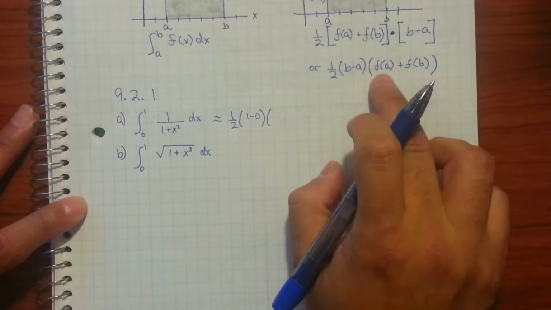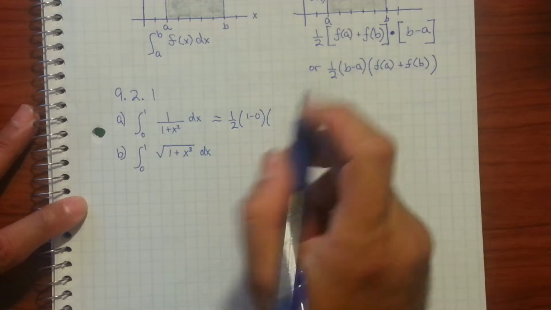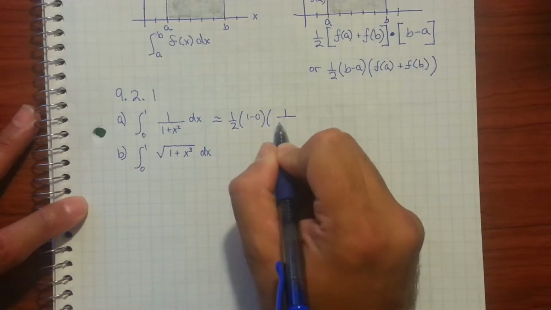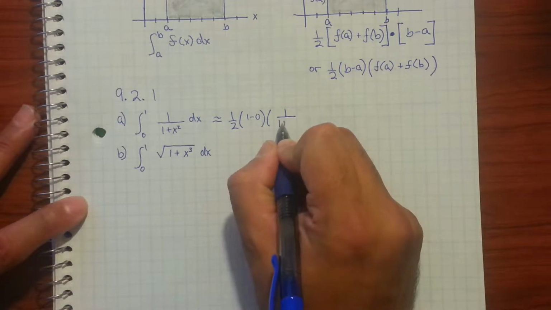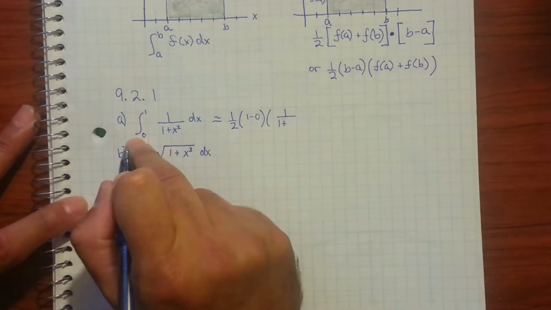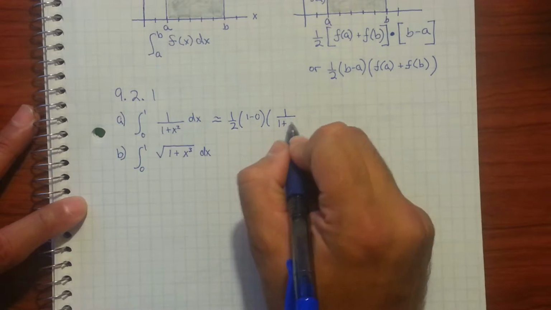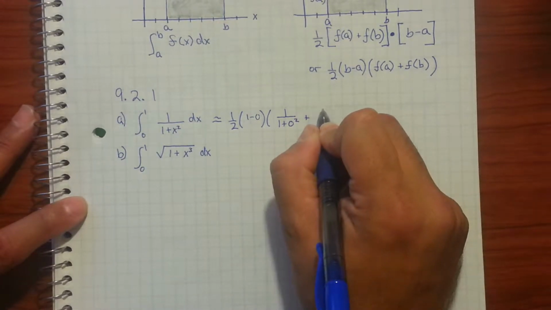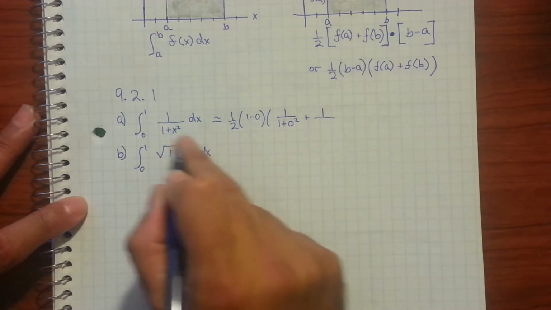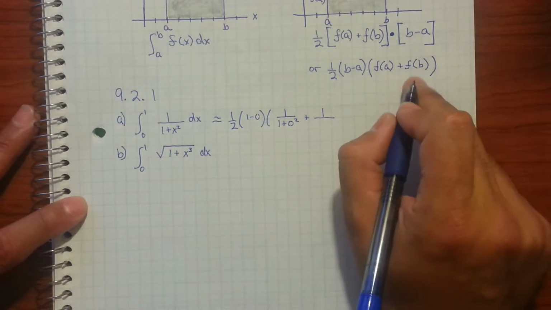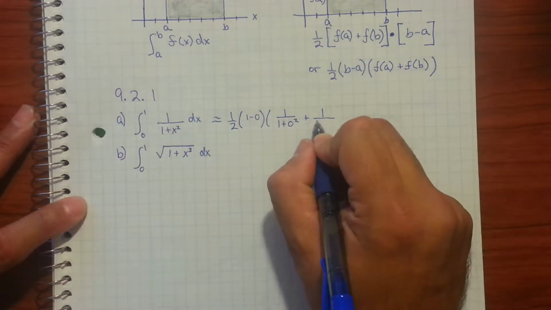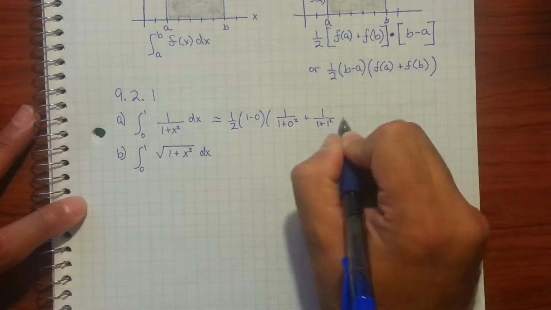And the next one's going to be f of A. It's my equation, so it's 1 over 1 plus A squared. Right here, my A value is 0, so 0 squared, plus 1 over f of b. Here's f of b. My b value here is going to be 1, so 1 plus 1 squared.